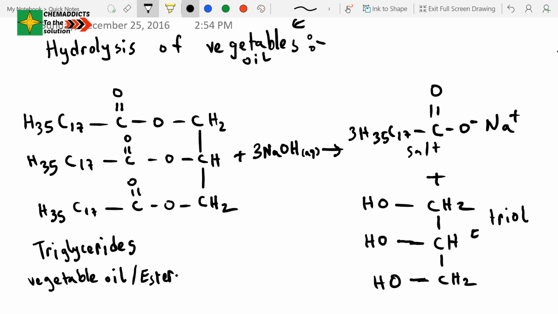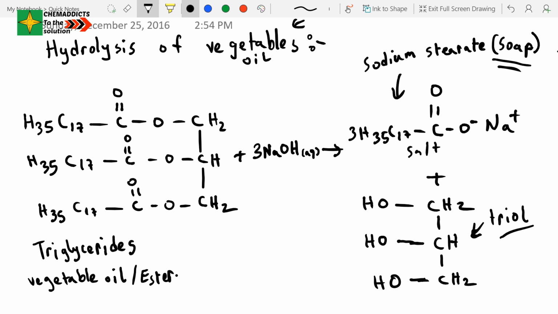The name of this salt is sodium stearate. In other words, it is generally called soap. So here we can see that triglycerides react with sodium hydroxide to give soap and triol.